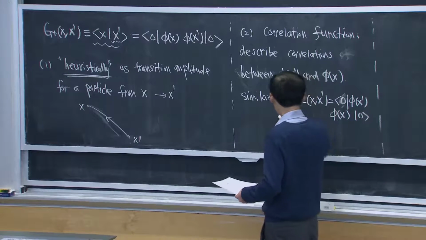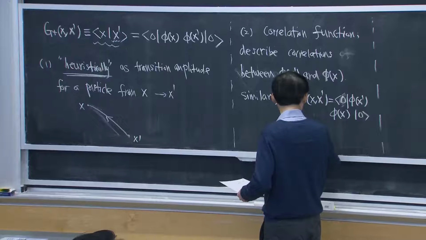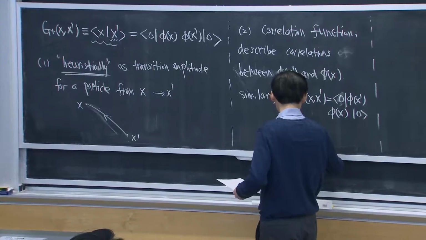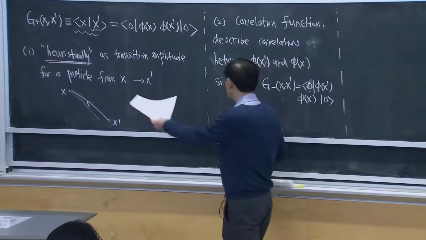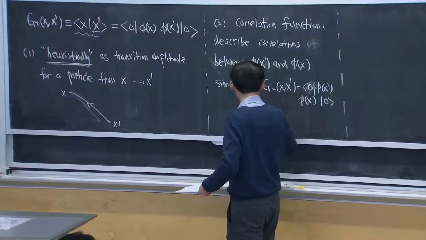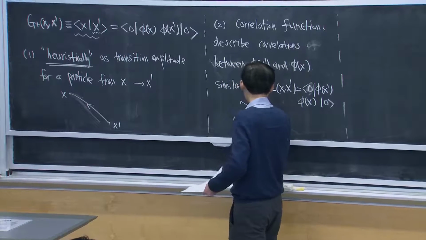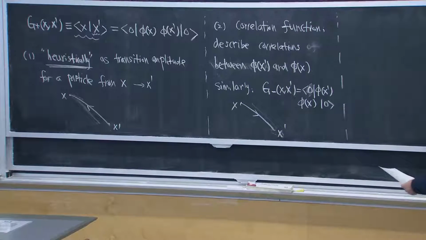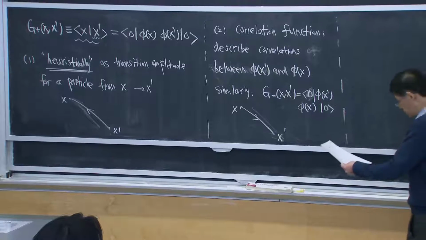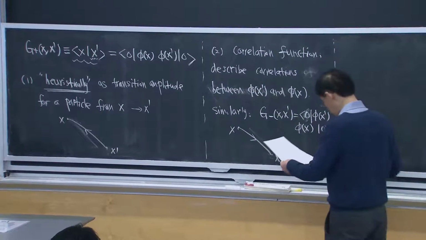So this is like a transition from x to x prime. Yeah. So if I draw x that way, it's like a transition amplitude like this. Okay, from x to x prime. Okay. So you can similarly interpret the other one using this language.